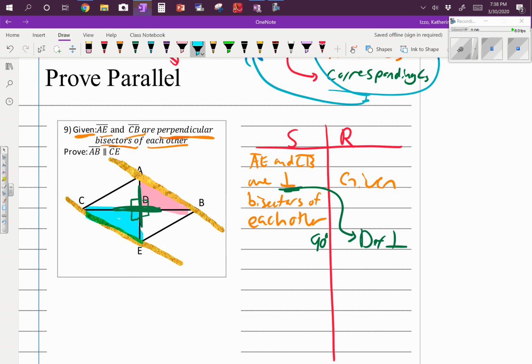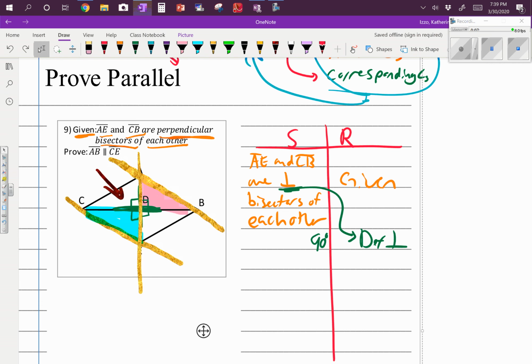Why would I zero in on those triangles? Why not this triangle? Well, if we take a look, I've got a transversal AE here, or I've got a transversal BC here. And this angle, where I've got gold sparkly goes to gold sparkly, would be in a pink triangle.